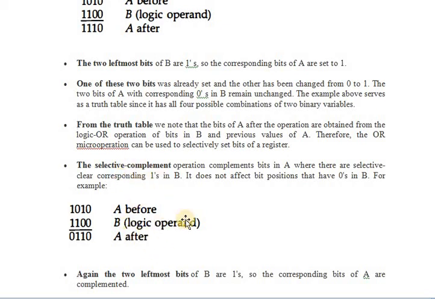So this is the selective complement operation. It complements bits of A where there are corresponding ones in B. It does not affect bit positions that have zeros in B. For example, see here, 0 1 1 0. So A before, and after the logical operand.